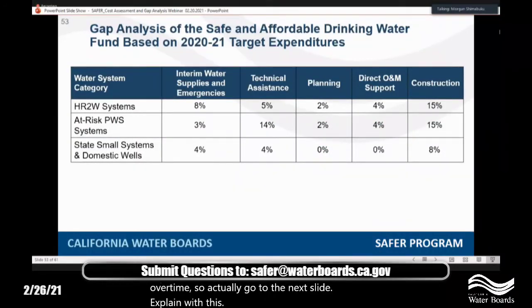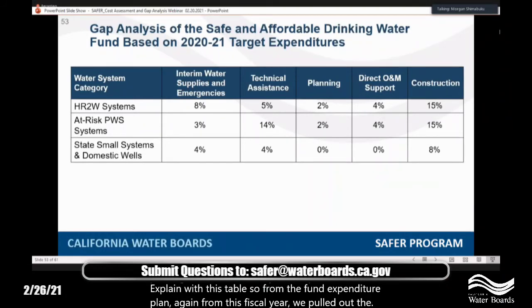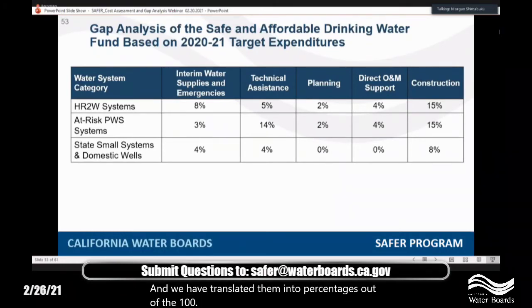So from the fund expenditure plan, again, from this fiscal year, we pulled out the target expenditures. And in the fund expenditure plan, these are in dollar amounts, and we have translated them into percentages out of the $130 million total amount that the Safe and Affordable Drinking Water Fund is eligible to receive each year.